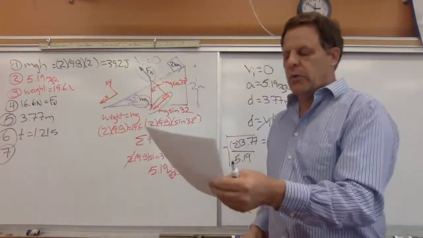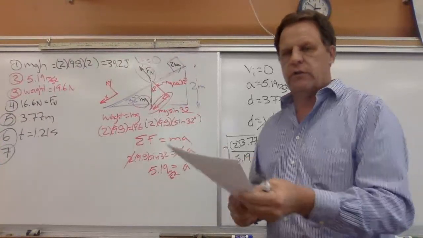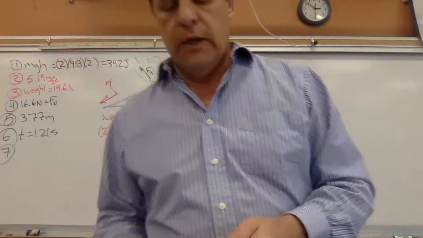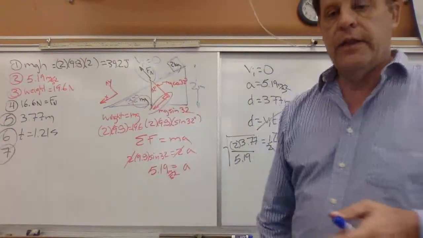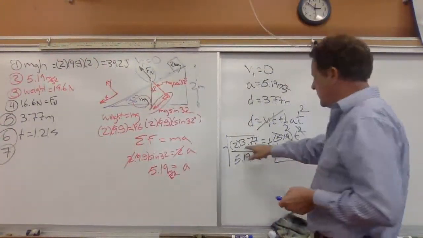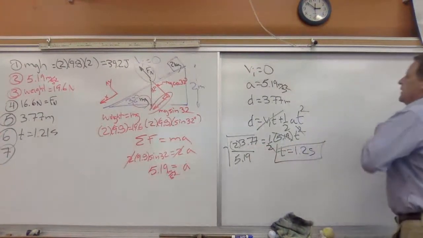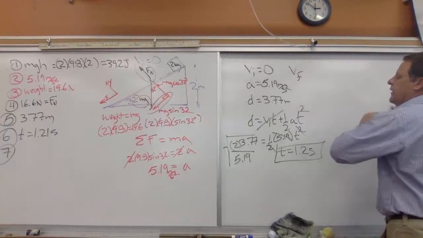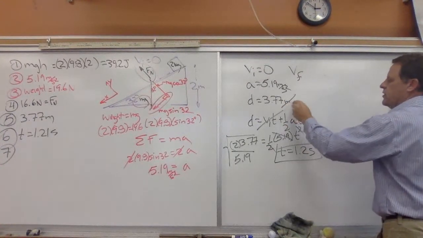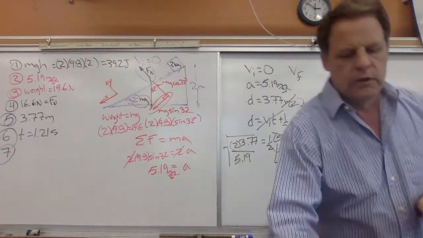How fast is the block going halfway down if the ramp was frictionless? Okay. So if it's going halfway down, then the distance is going to be half of 3.77. Now we are looking for our final velocity, but this time our distance is going to be divided by 2.